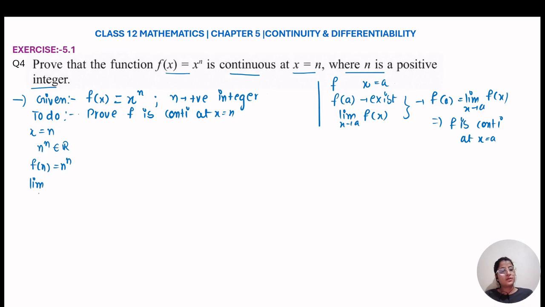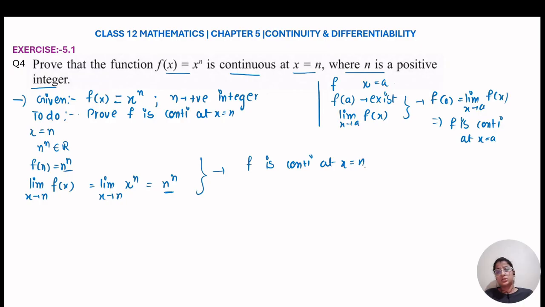This is limit of x tends to n of f of x, so this will be limit of x tends to n of x raised to n. This limit will be n raised to n. As you can see, the function value and the limit value are both the same. From here we get that the function f is continuous at x equals n. This is what we had to do. Okay, let's move to the next question.